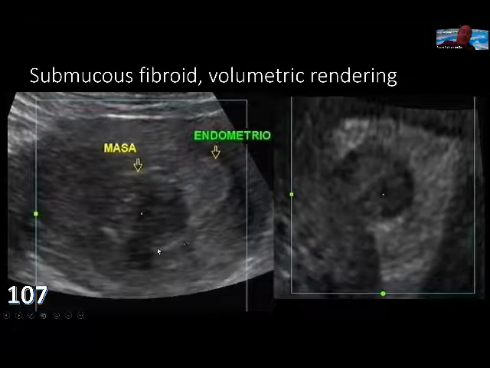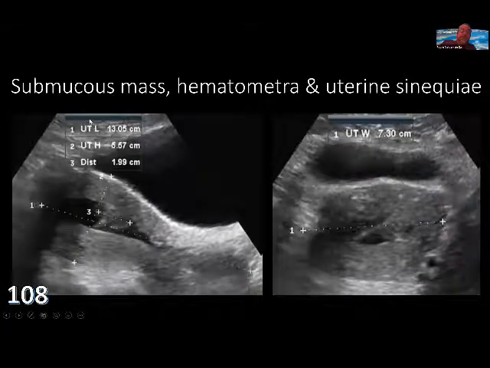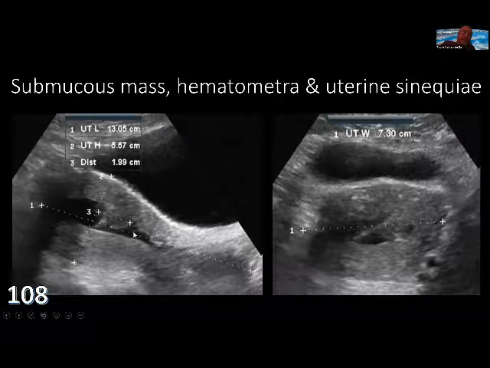Submucous mass, volume rendering, mass, mild notch. You can see this line. See? This is a uterine collection. Some presumably scarring tissue.